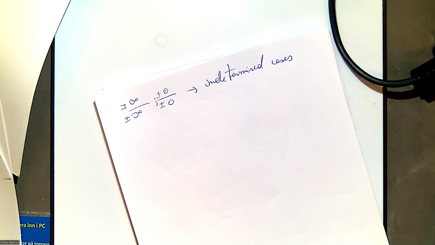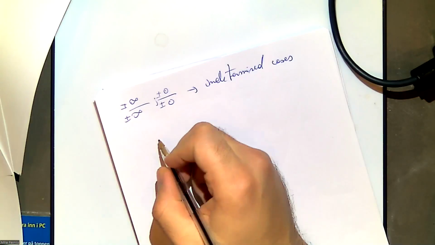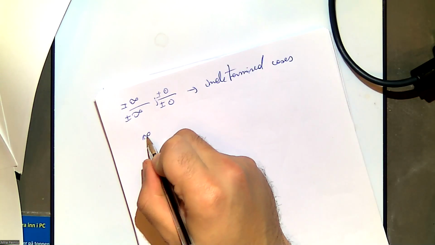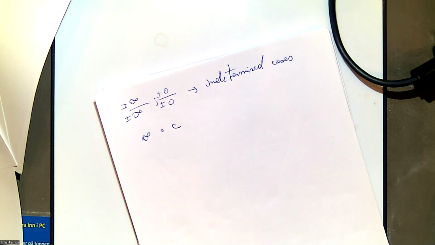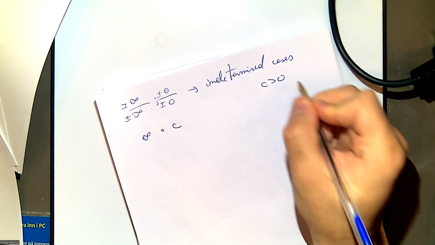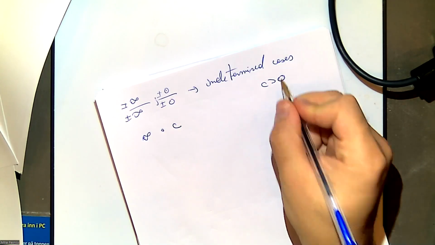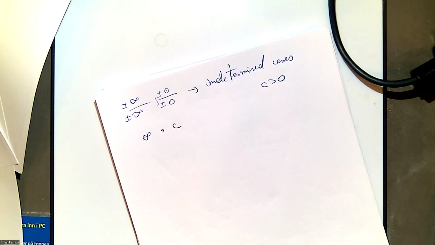Are there any other indeterminate cases? Are there any other things that you have questions about? Any other limits? Let's think about it. If I have infinity times a constant, let's say the constant is positive, what's this?